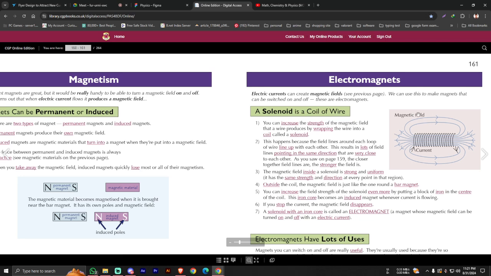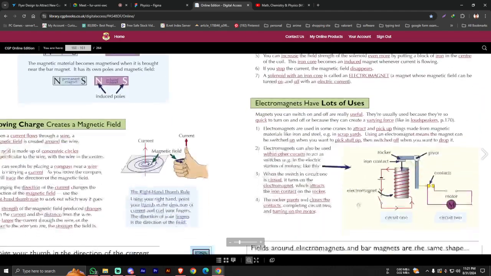And a solenoid is also the same, a magnet. Basically it turns into a magnet when current is flowing. As simple as that. Anything that has a magnetic field is a magnet, right? So that's the observation here.